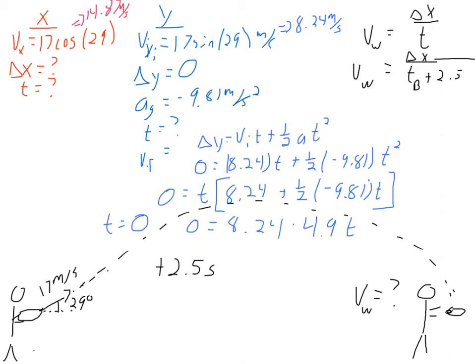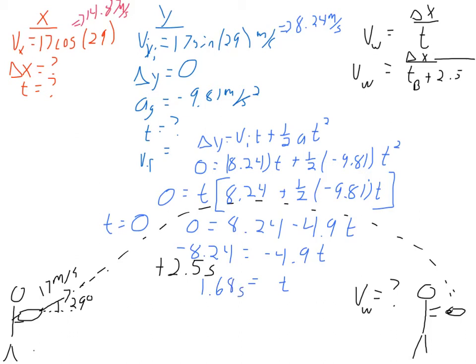Subtract my 8.24 to the other side: negative 8.24 equals negative 4.9 t. So t equals approximately 1.68 seconds. All right, that's great.